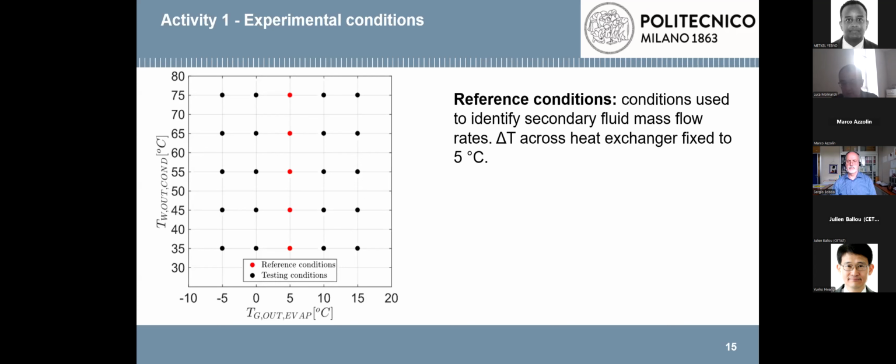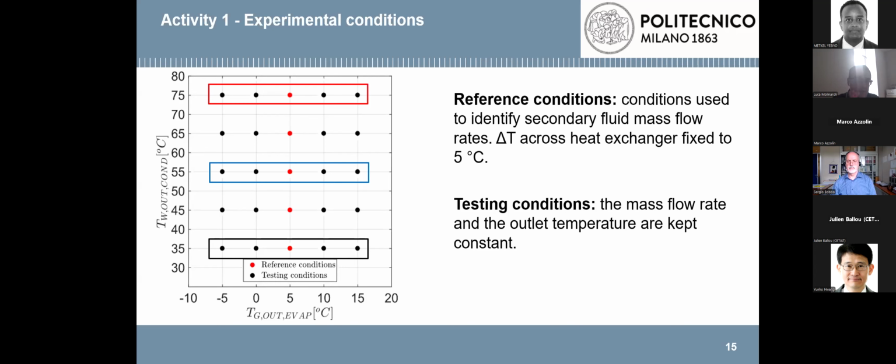Once these two mass flow rates are identified, we kept them constant in order to run the tests at constant water temperature at condenser outlet. As an example, in this row, we have the same water flow rate in the condenser and the same water ethylene glycol flow rate in the evaporator. And then when we go to a different set of tests, we change them.